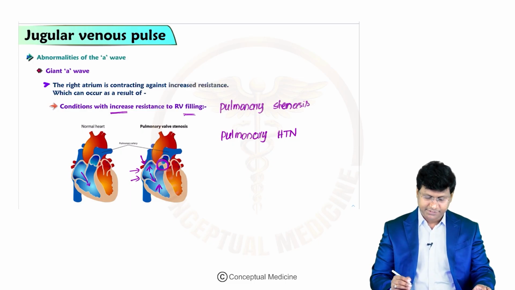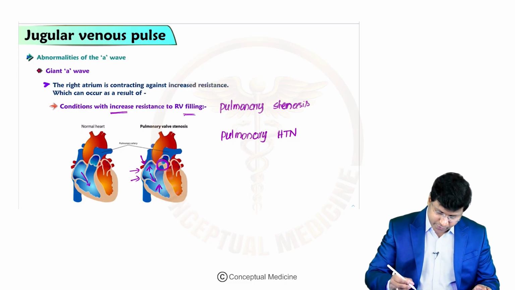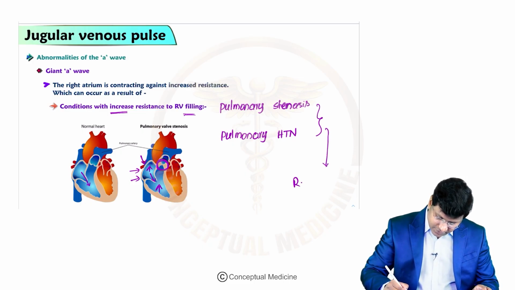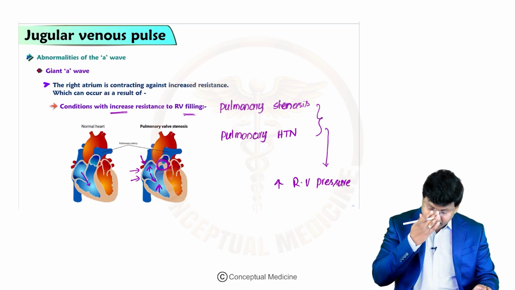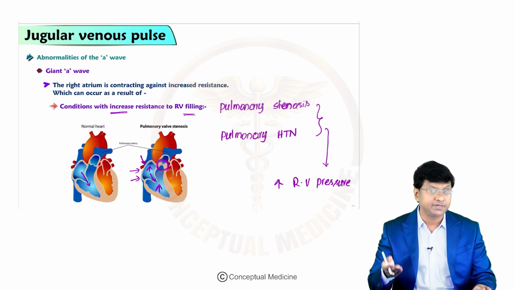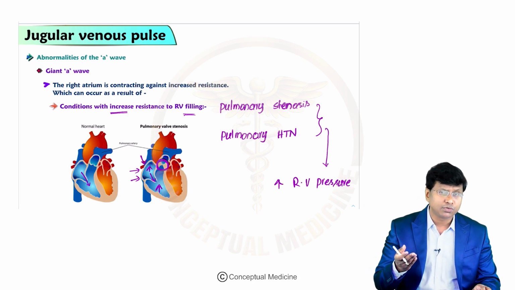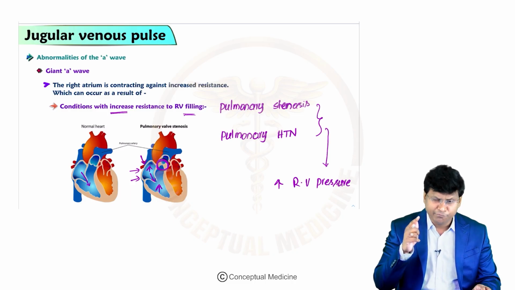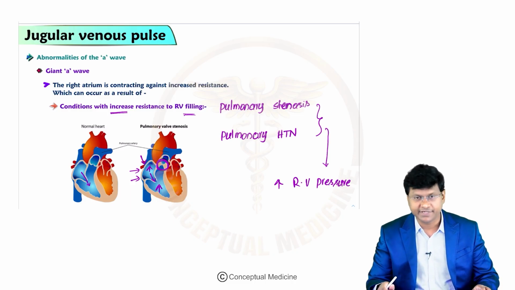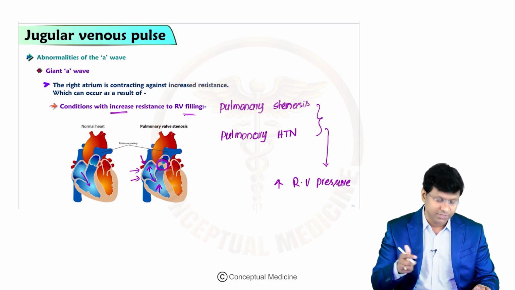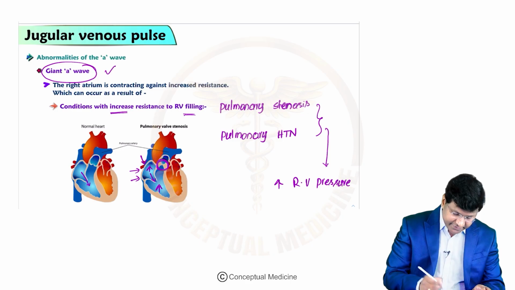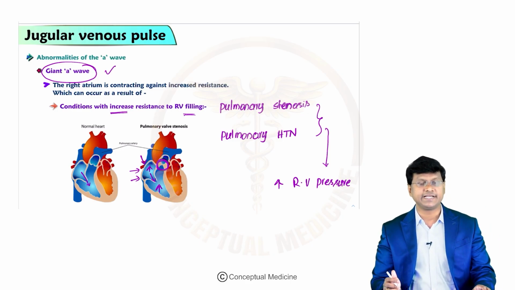These are the 2 conditions where the right ventricular pressure increases. So the right atrium has to contract forcibly to push the blood into the right ventricle. Thereby, in the right atrium, the pressure rise will be more, and that will result in the giant A wave.